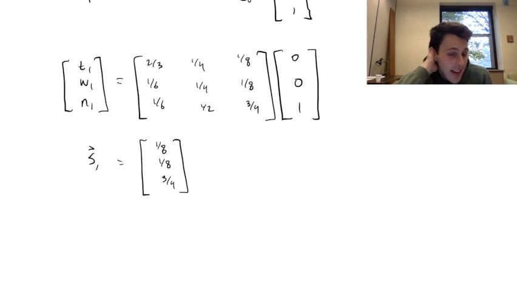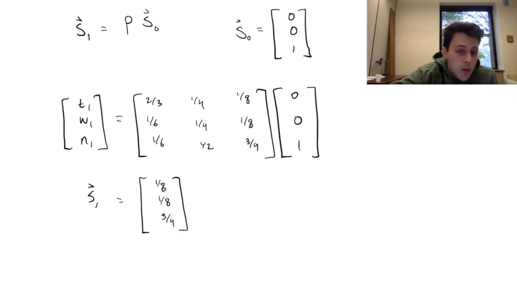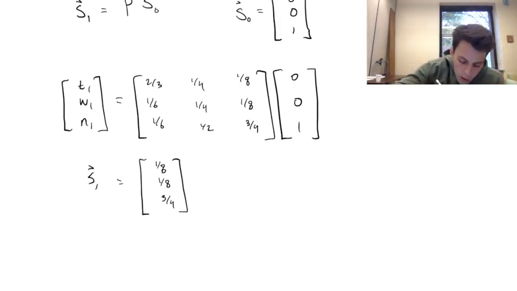So this is k equals 1, but the question is asking us what's the probability they're drinking tequila 2 hours after drinking nothing. Well, this is where the whole Markov chain comes in handy, right? We're looking for this probability at k equals 2, and in order to compute this, it's the probability matrix P times, and then it's 2 minus 1, so this is state vector 1.